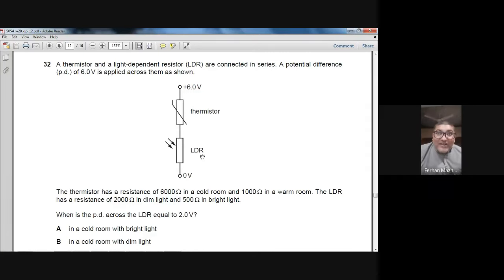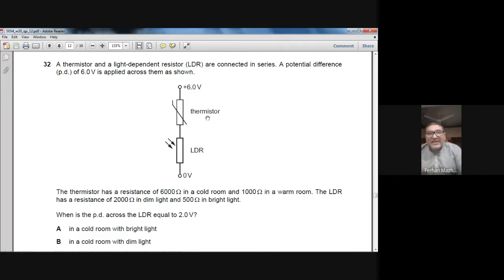LDR will take 2 volt, thermistor will obviously take 4 volt. It means the resistance of the thermistor should be double of the LDR, because it takes 4 volt and the LDR is taking only 2 volt. So the resistance of the thermistor should be double of the resistance of the LDR.